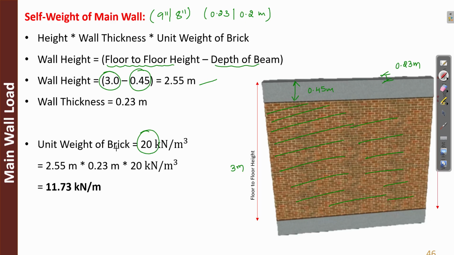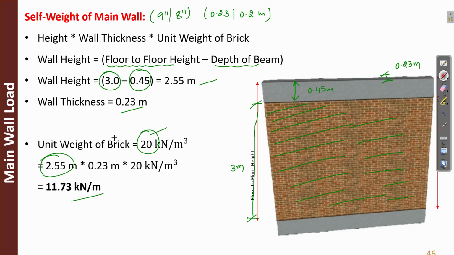If it is made up of brick, then unit weight of brick is 20. So wall height 2.55 multiplied by wall thickness 0.23 multiplied by density 20, you will get 11.73 kilonewton per meter.